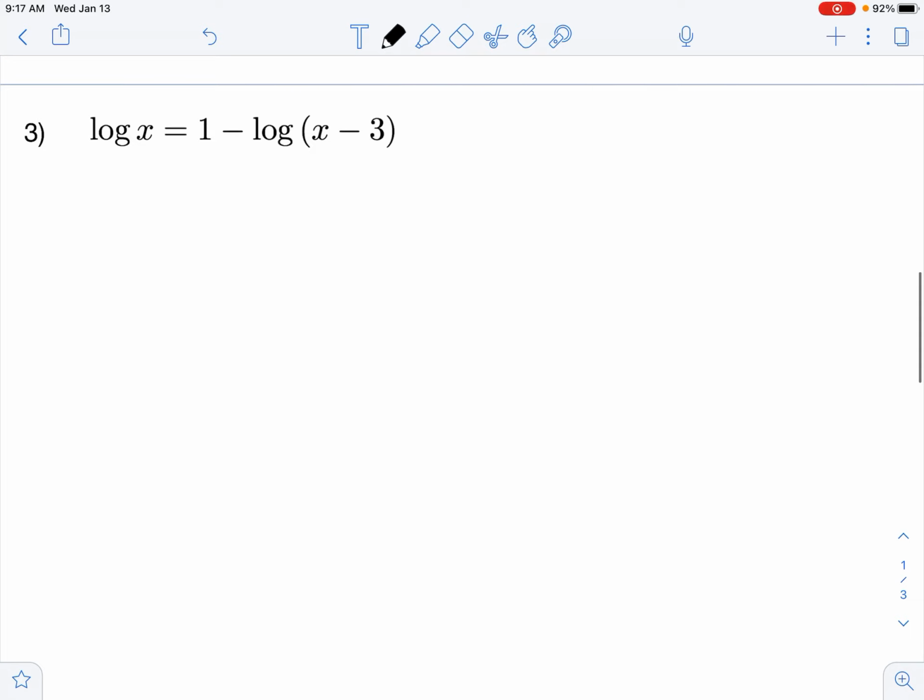All right, let's look at one more. Here we have the 2 log expression terms, but they're on opposite sides. What I want to do is get them on the same side so that I can use the properties and condense those logs like we did in the previous example. So I'm going to add this log to both sides.